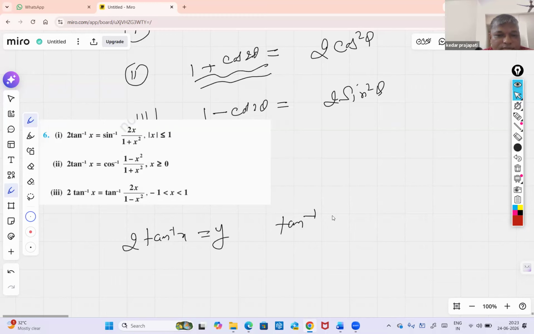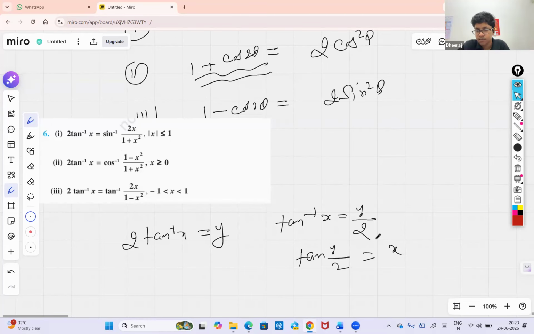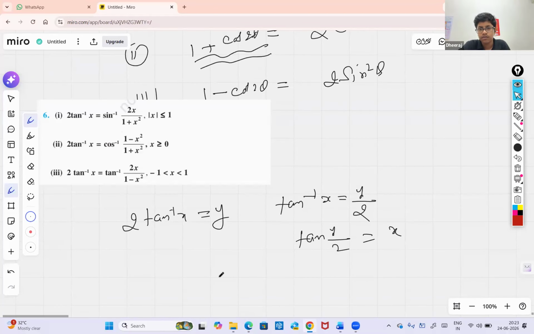Tan inverse x equal to y by 2, correct? And so tan y by 2 equals x. We wrote x instead of y by 2. Yes, y by 2 is this much. It means tan y by 2 equal to x, right?